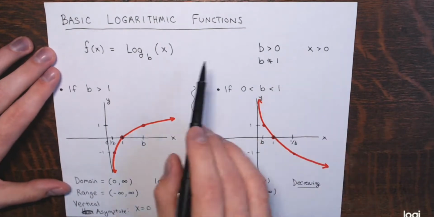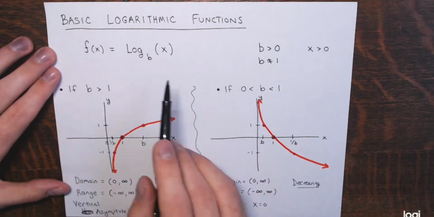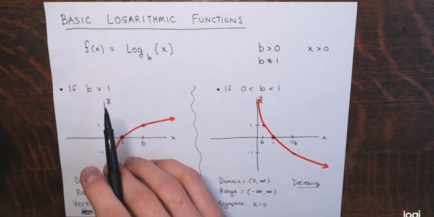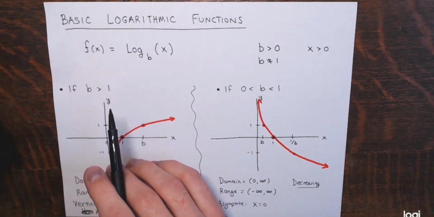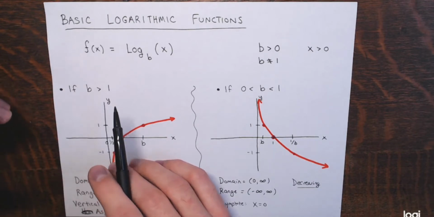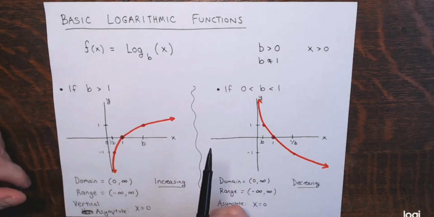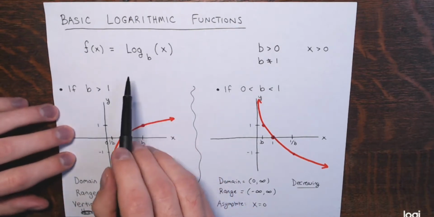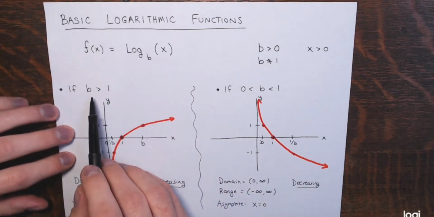And then we break this up into two cases, just like with exponential functions. And you'll notice that exponential functions and logarithmic functions are inverses. Right, and you'll see the domain and range just switch up. So I've got the same two cases as we had with exponential functions.